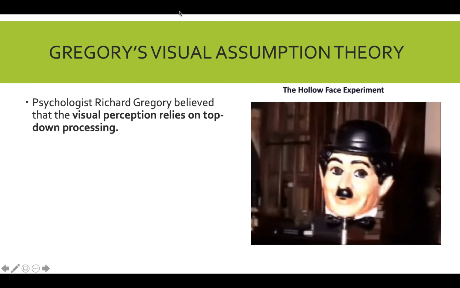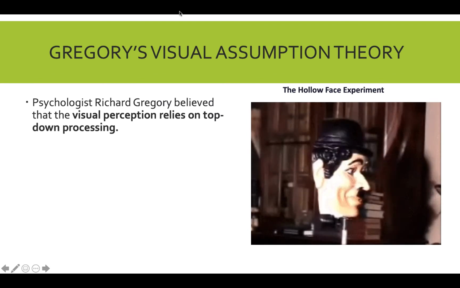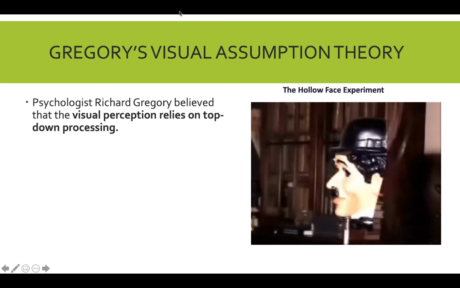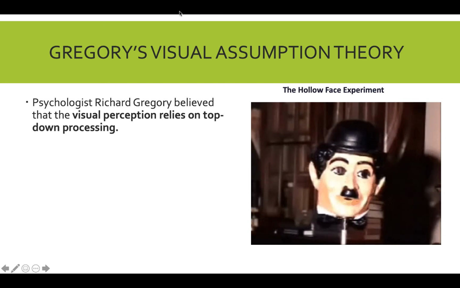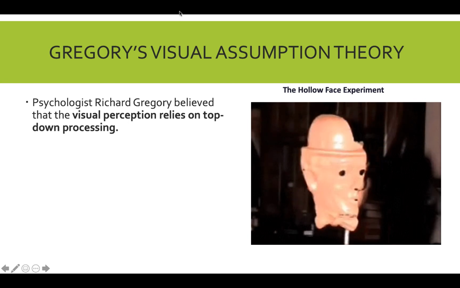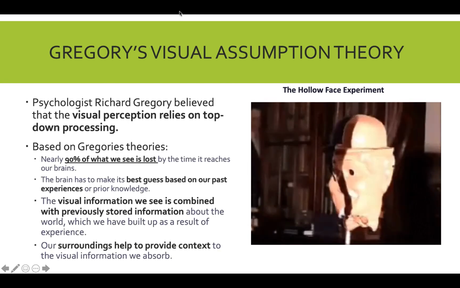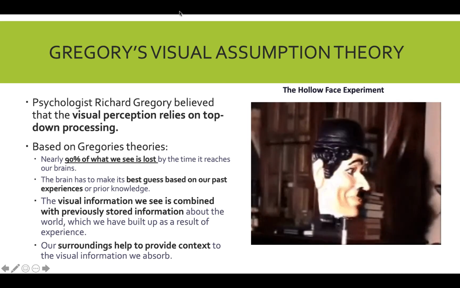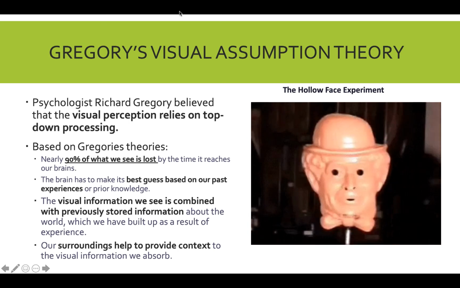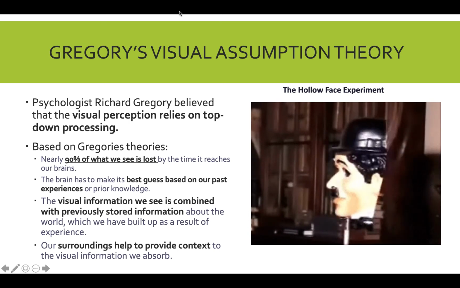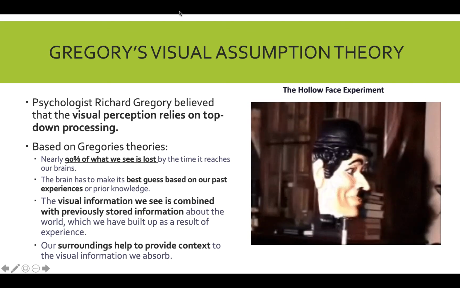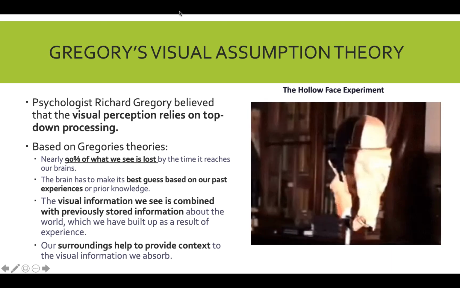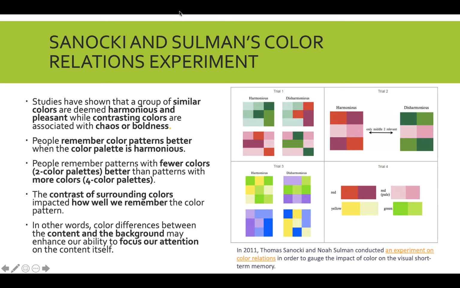What I wanted to point out is that visual perception relies on top-down processing, meaning we can't see on a website a three-dimensional figure. So what we see is 90% lost. Our mind plays a trick on us, and in order for us to visually store information, we have to provide additional surroundings to get our brain to understand this. So this is just fundamental that we can translate into visual design on a website.